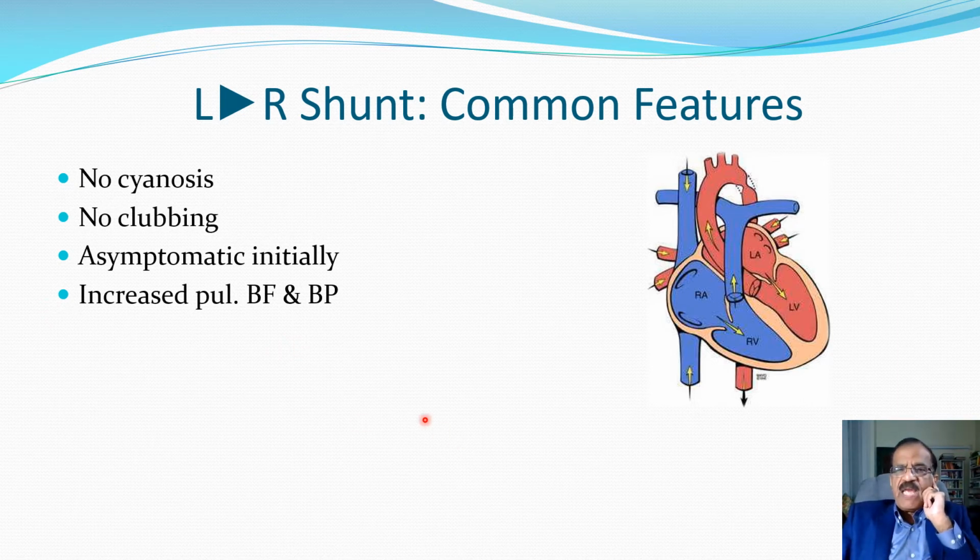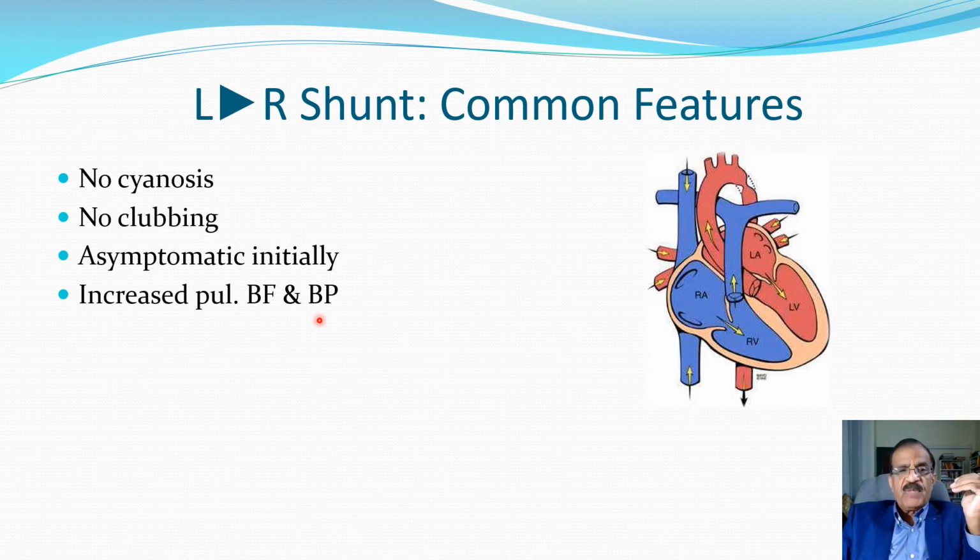Since there is a mechanism of autoregulation, if there is increased pulmonary circulation, there will be some vasoconstriction and increased pulmonary pressure also. Normally pulmonary pressure is less than the aortic pressure. In this case, pulmonary pressure will be higher than normal, but not necessarily higher than the aorta.